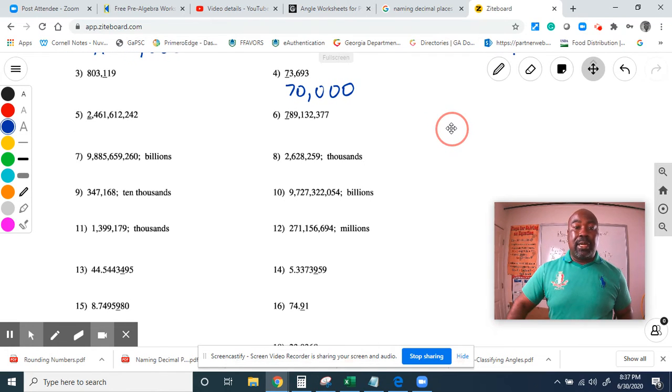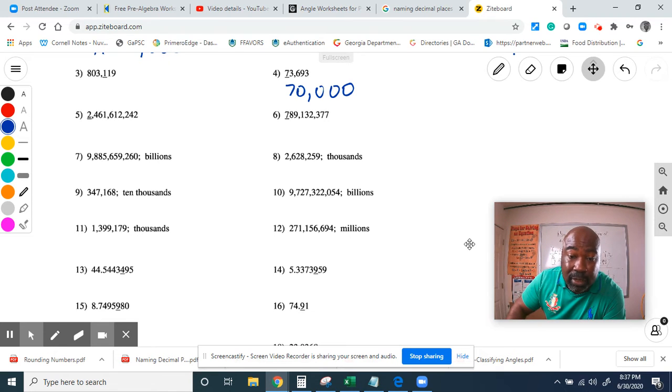Again, let's take a look at this right here. We want 16. Now 16 right here, we want to round up. So we have 74.91. Now we have to look at this value right here, the one in the hundredths place. If this hundredths place is greater than 4, then this moves up.